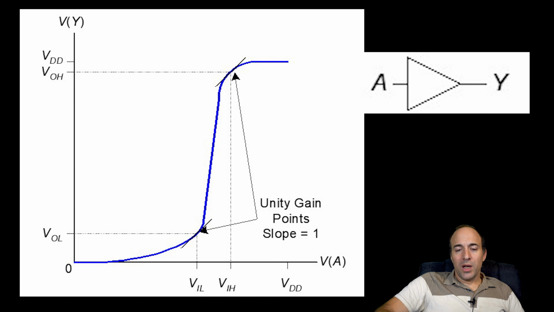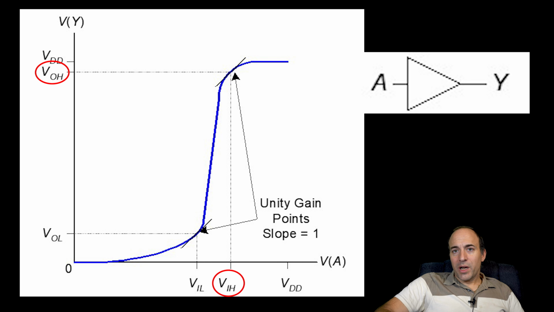So if you look at the two unity gain points, the x-axis location of the first unity gain point is VIL, the input low, and then the corresponding y-axis location is VOL, voltage output low. And then when you go to the second unity gain point, the x-axis location of that is VIH, and the y-axis location is VOH.